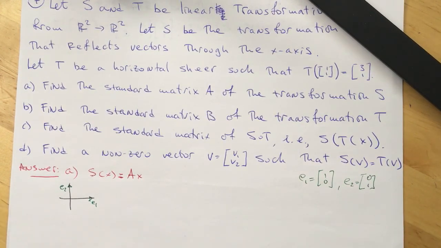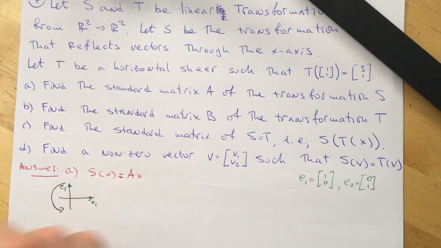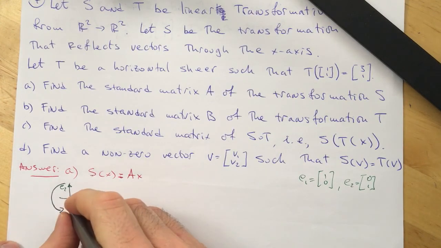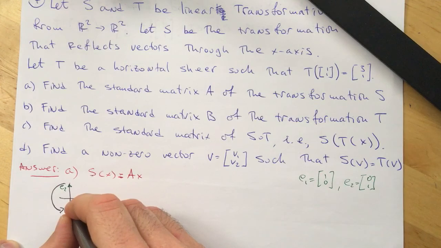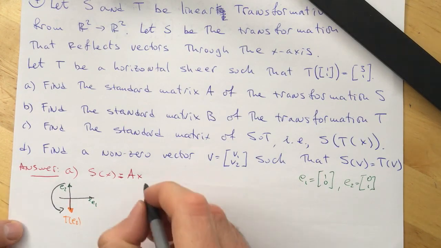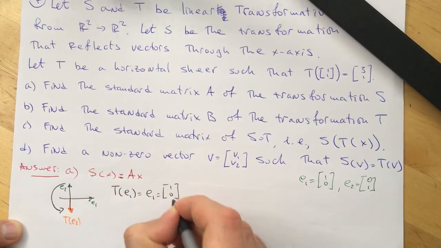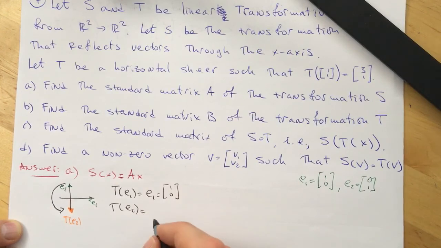Okay, so this is described as reflection through the x-axis. That means that E2 is going to get reflected to 0, negative 1, and then E1 is going to stay at its place, right? So that means that the image of E1 is just E1, 1, 0, and the image of E2 is the vector 0, negative 1.